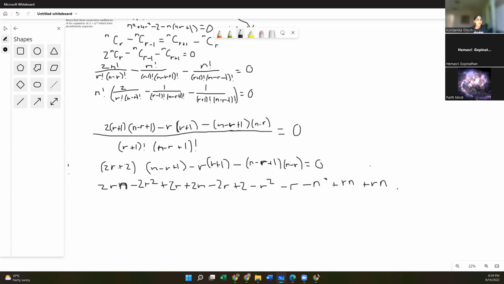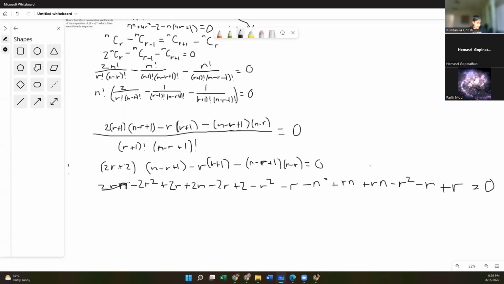Plus rn, and then plus r times minus r becomes minus r squared. Minus 1 times positive n is minus n, and minus 1 times minus r is plus r. Equals 0.